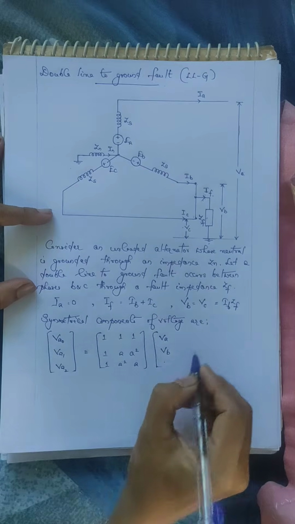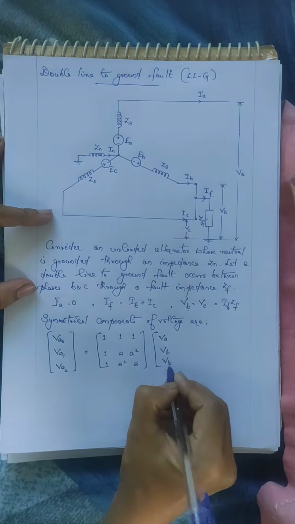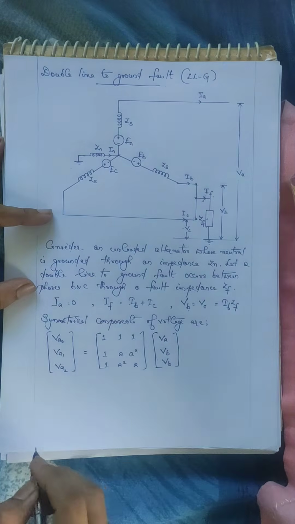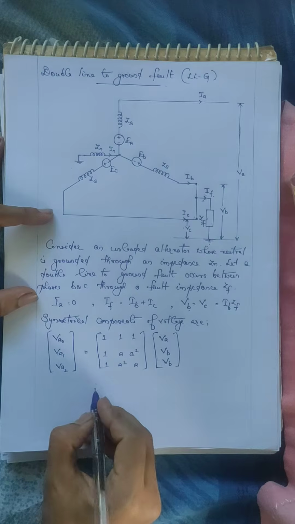Here it is VC, but as VC is equal to VB, I am writing VB instead of VC. Okay. So this is the equation for calculating the symmetrical components of voltage.